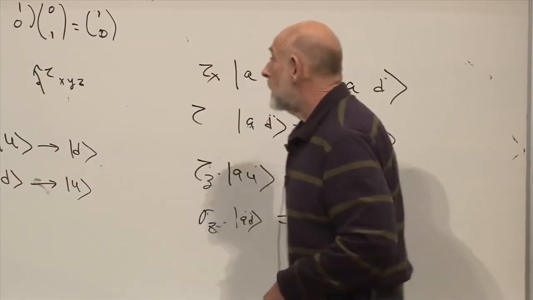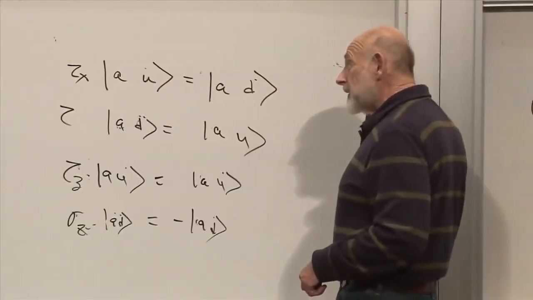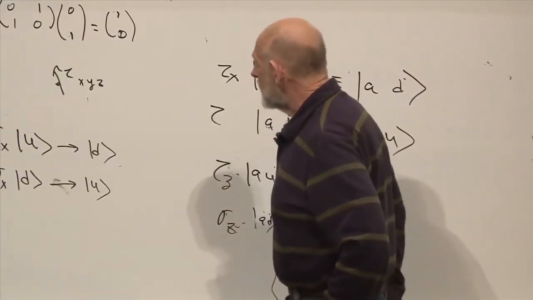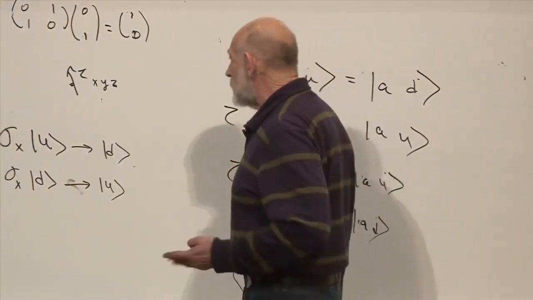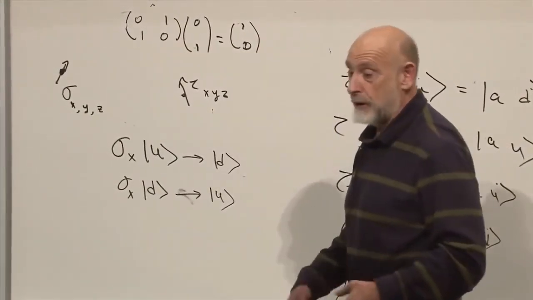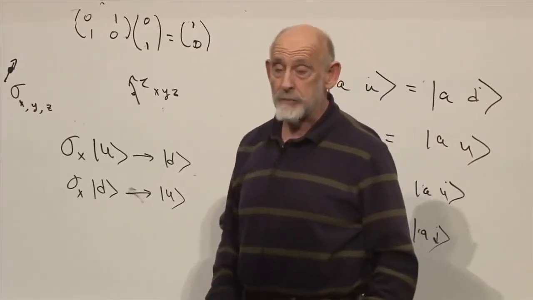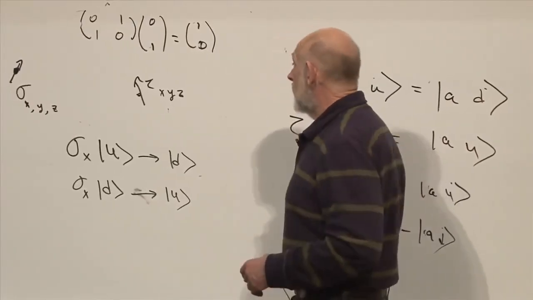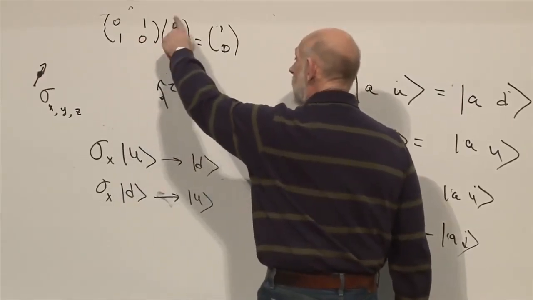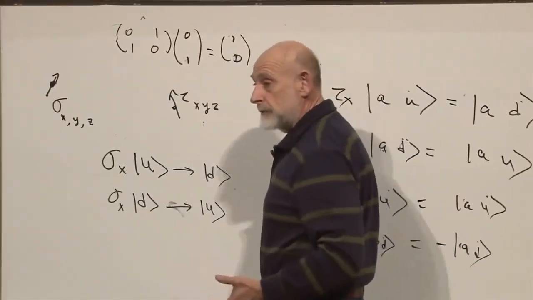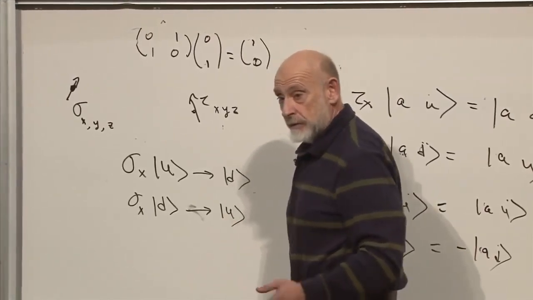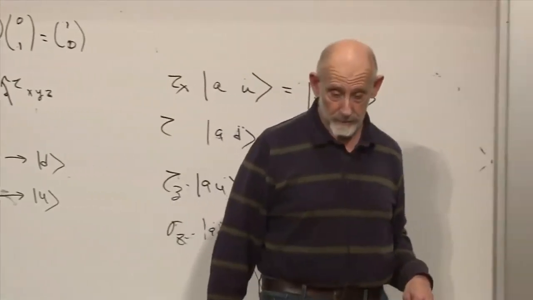It doesn't have any particular special physical meaning, but in this particular case, what it tells you is that (0, 1) and (1, 0) are about as far from eigenvectors as you can get. And what it tells you is that if you measure sigma x in an eigenstate of sigma z, it's as random as it can be.